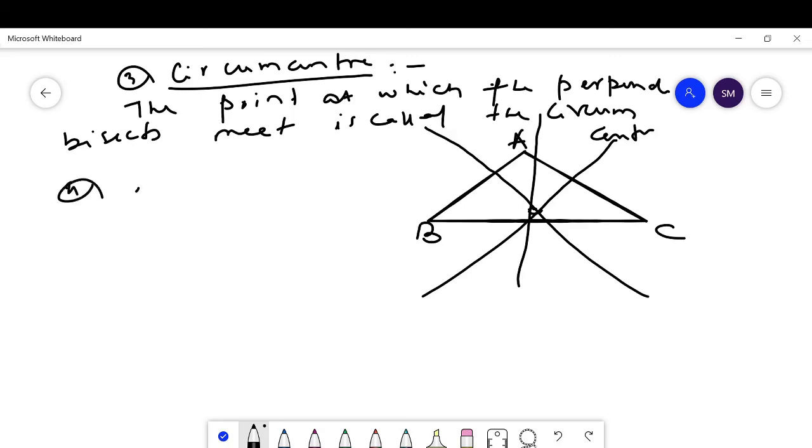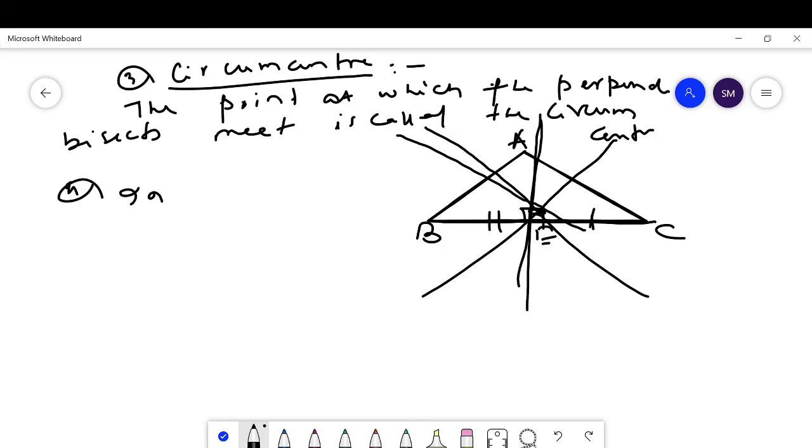My figure is not perfect because they do not meet at one point, but the perpendicular bisectors must meet at one point. Perpendicular bisector means, suppose ABC is a triangle, this is the perpendicular bisector which bisects BC at the point E, and perpendicular means this is a right angle, it bisects at a right angle.